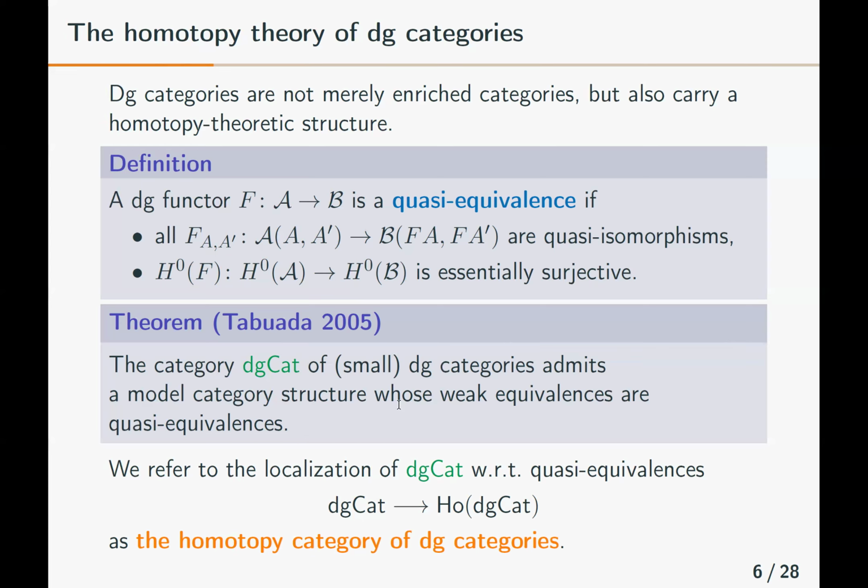Using this structure, we obtain the localization of the DG-cat at quasi-equivalences, and we write Ho(DG-cat) for the localization. And we call it the homotopy category of DG categories.